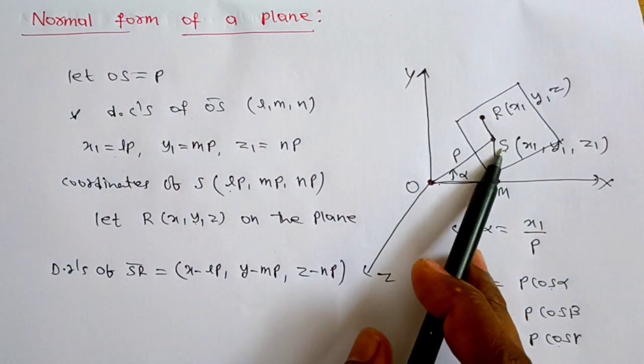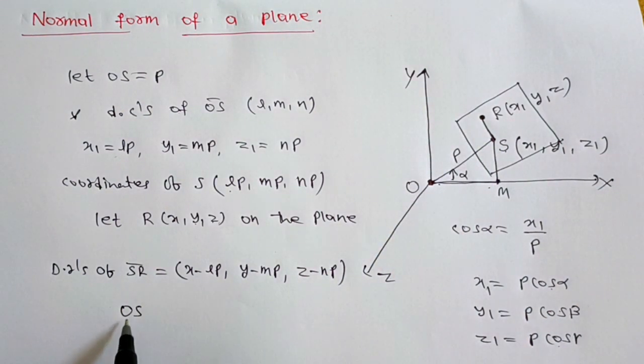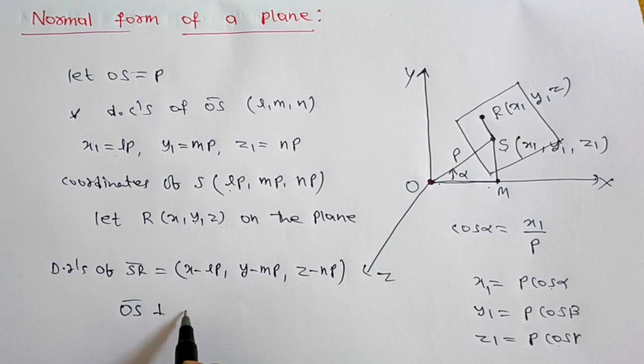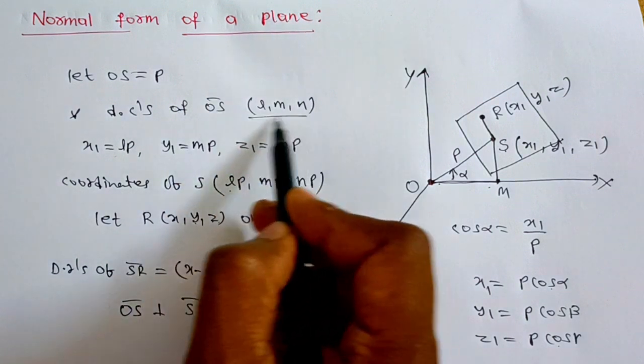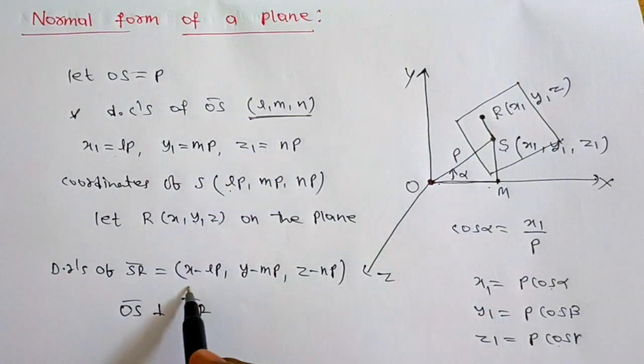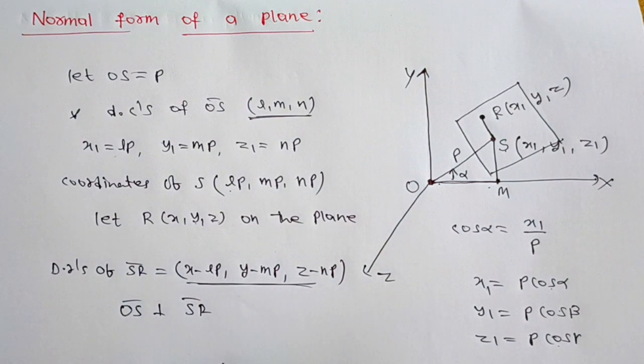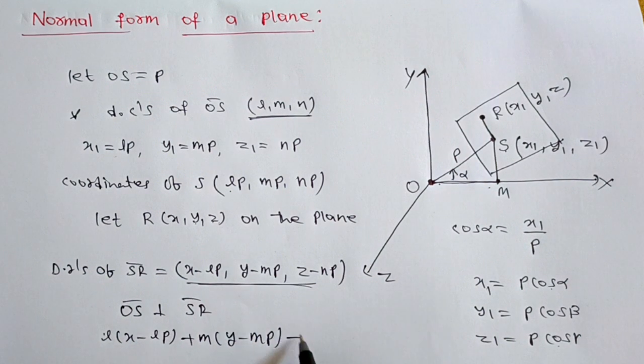And here OS is perpendicular to SR. Therefore what is the condition? a1 a2 plus b1 b2 plus c1 c2 is 0. Clearly this is a1, b1, c1, and this is a2, b2, c2. That means l into x minus lP plus m into y minus mP plus n into z minus nP is equal to 0.